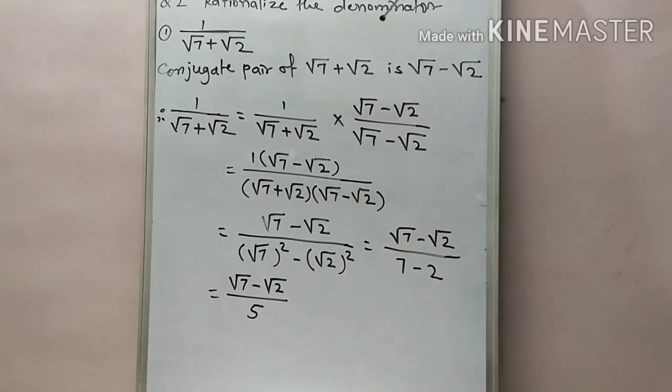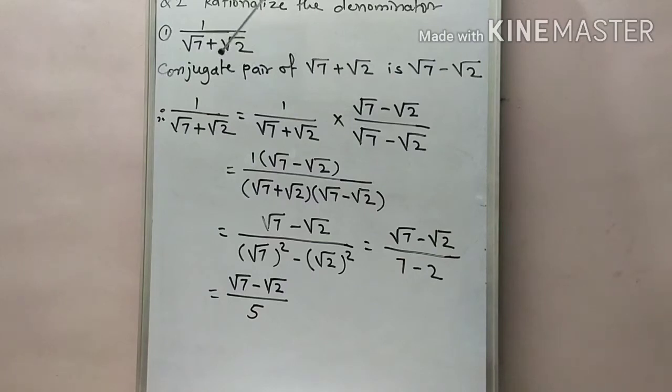To rationalize the denominator means that the denominator has an irrational number and we rationalize it like this. The steps are: observe the denominator, write its conjugate pair, and multiply numerator and denominator by that conjugate pair. And how do we get the conjugate pair?